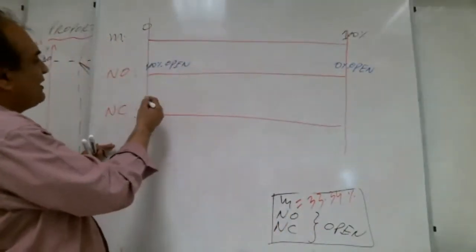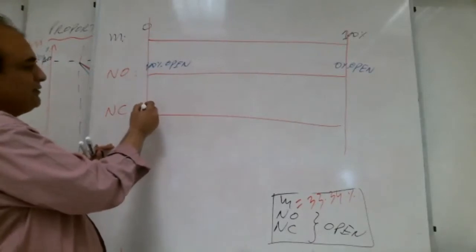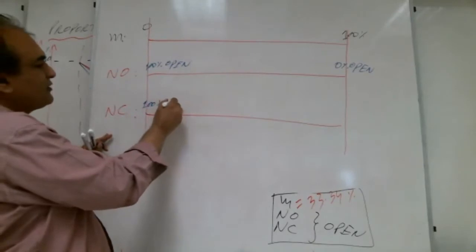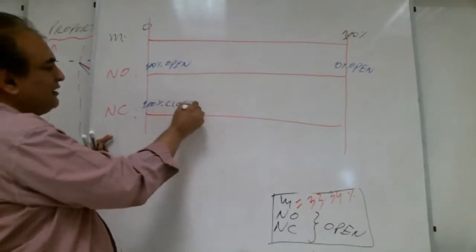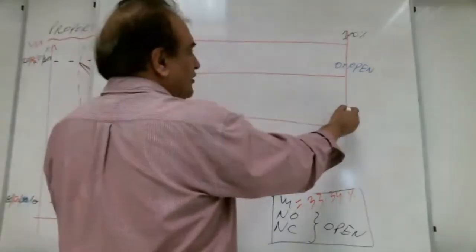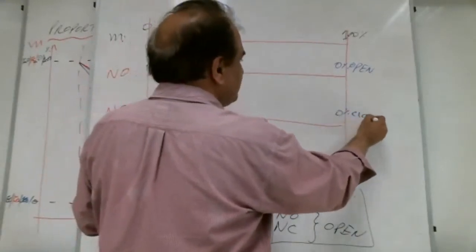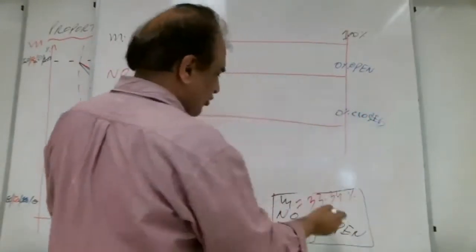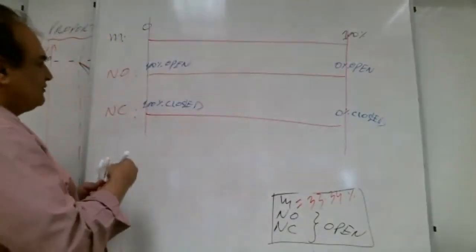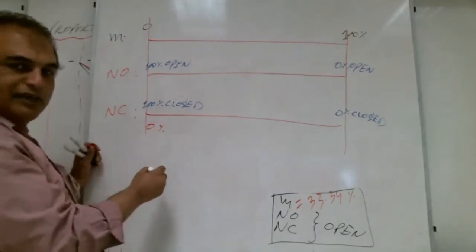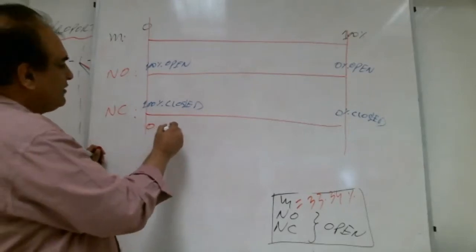Normally closed valve. How much closed here? 100% closed. How much closed here? 0% closed. But we need open. So 100% closed means how much open? 0%. Very good.